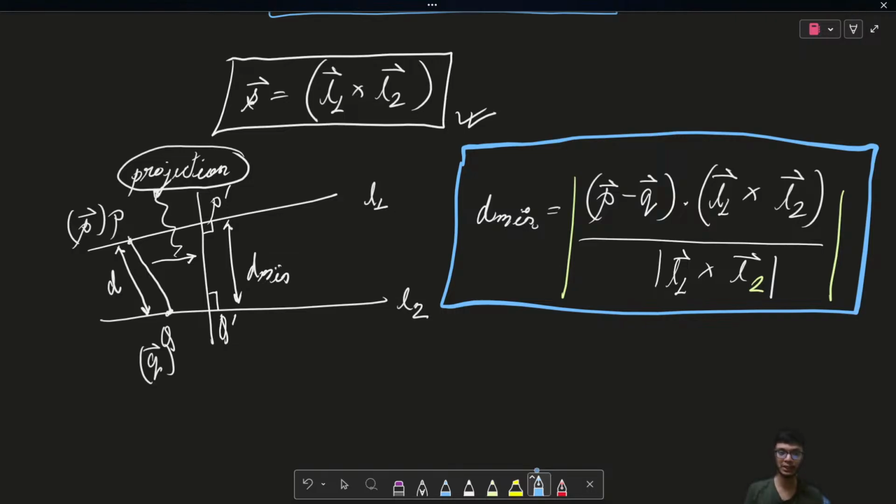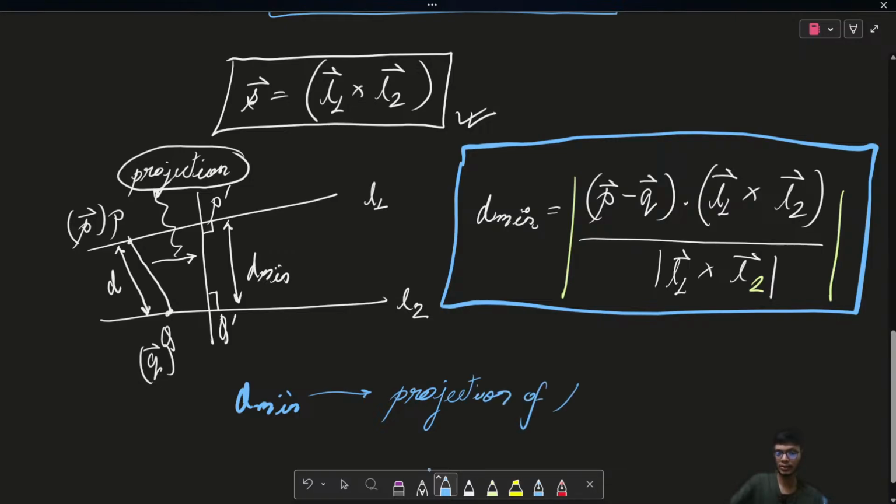The minimum distance is the projection of this PQ vector on the common normal.